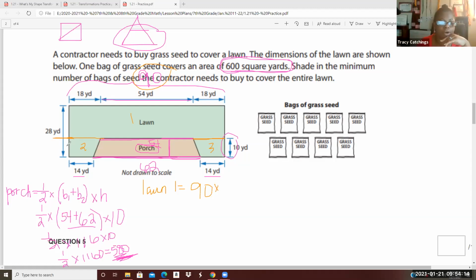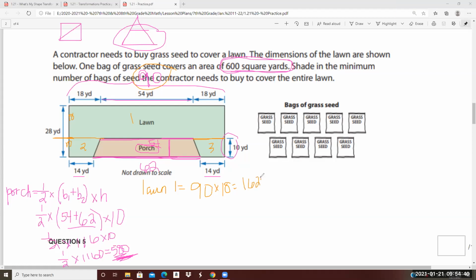We know that part is 10, so the missing piece must be 18 if all together they're 28. Good job. All right, somebody multiply 90 times 18. 1,620. Great job.